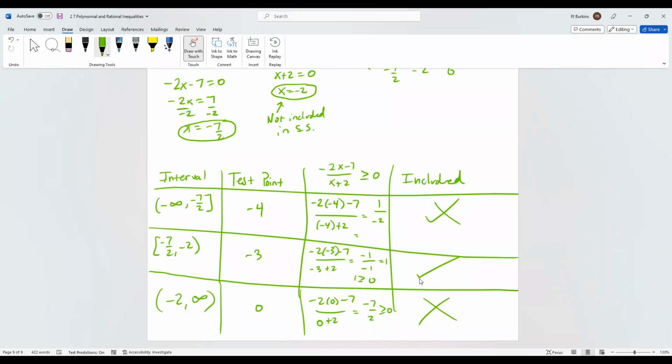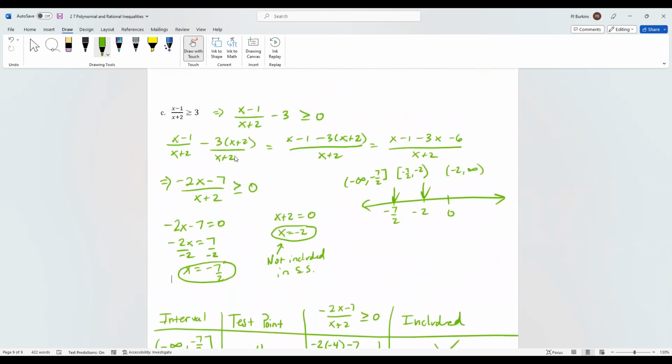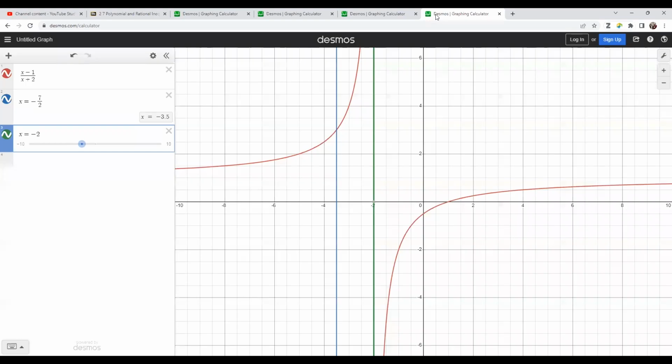All right, we could also go and analyze the original inequality, x minus 1 over x plus 2. I've plotted that as well. Now notice that x equals -7/2 is right here. X equals -2 is this line here. This is an asymptote. I just plotted this so we could see quickly where we need to point.